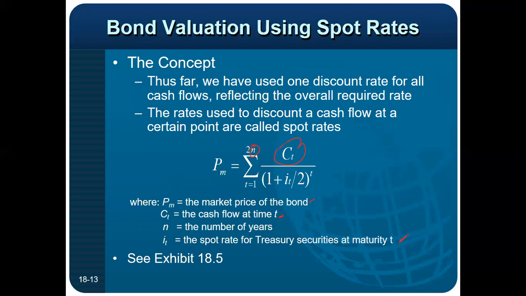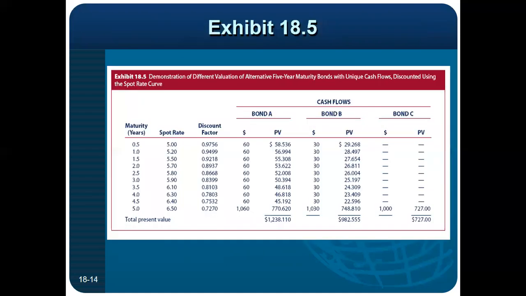Okay. Let us look at exhibit 18.5. Here is the spot rate, and this is the maturity in years: 0.5, 1.5.